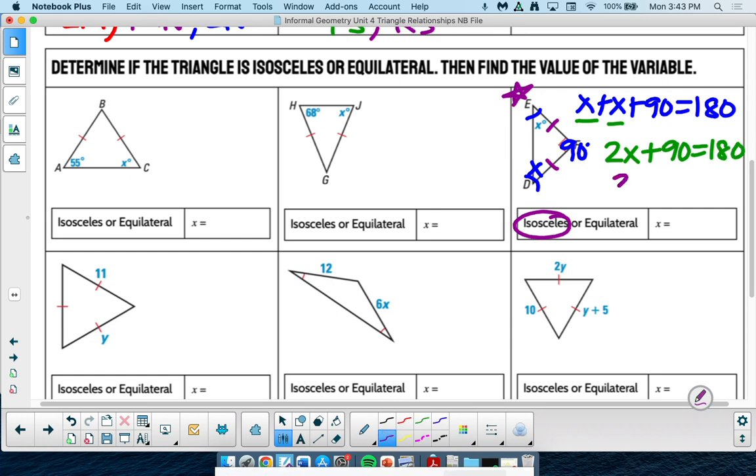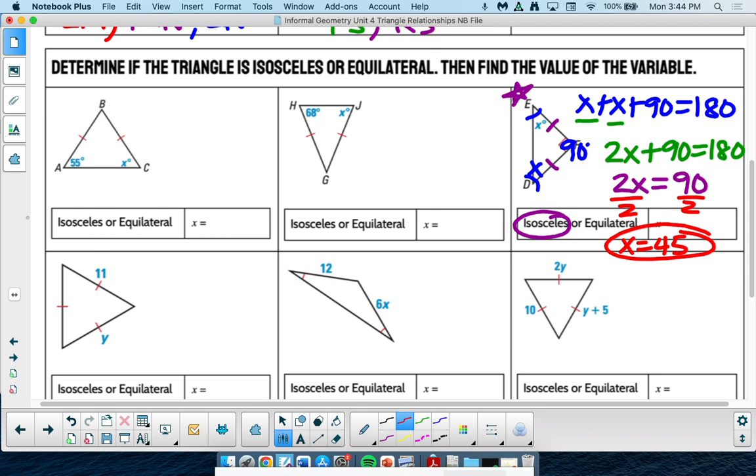Subtract over 90. Then our last step is to divide by 2. So x equals 45. So on your sheet, you should have an answer bank, right? So see if 45 is down there. I hope you're getting a yes, because that is our answer. Perfect.